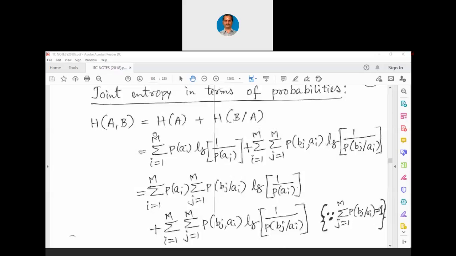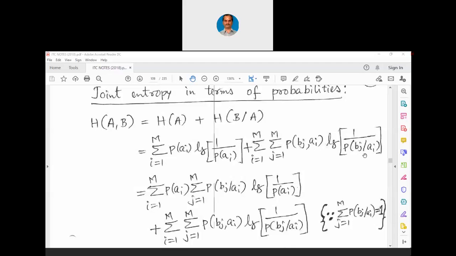Now let us substitute the actual expressions for H(A) and H(B/A). H(A) is the summation over i equals 1 to m of p(ai) log of 1 over p(ai). This is the source entropy. For the equivocation, by our definition, let us substitute it as the summation over i equals 1 to m, summation over j equals 1 to m of p(bj,ai) log of 1 over p(bj/ai).